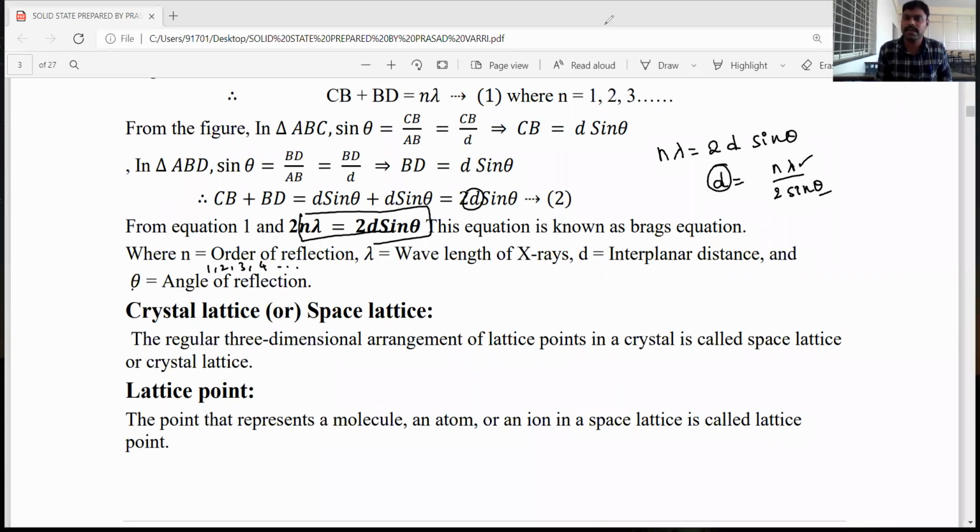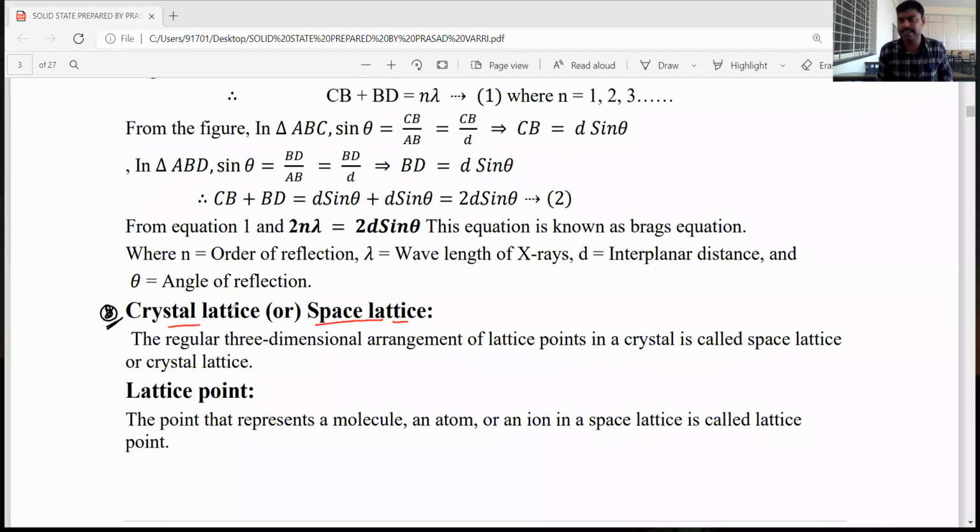Okay, dear students, let's see the next important concept from the solid state chapter: what is a crystal lattice or space lattice. A crystal lattice or space lattice is a three-dimensional arrangement of lattice points. What is a lattice point? A lattice point is a point or place at which atoms or ions or molecules are present. That exact point is known as a lattice point.